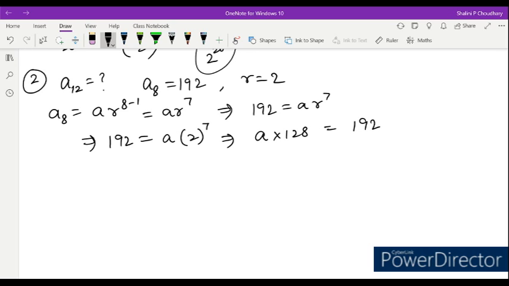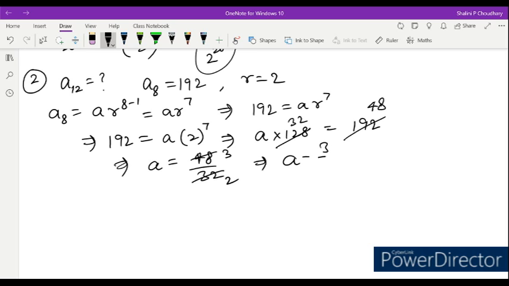Both are divisible by 4, right? 48 fours are 192, and 32 fours are 128. So a will be 48 upon 32, and both are divisible by 16, so it will be 3 upon 2. So the value of a will be 3 upon 2.